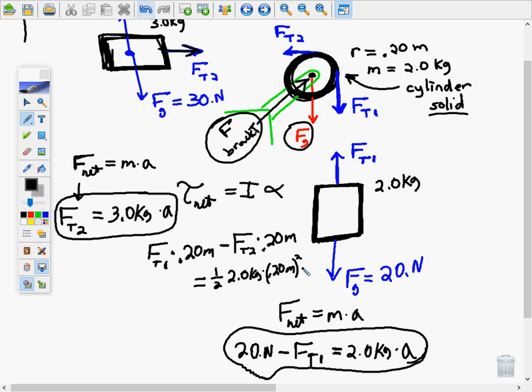Mohammed? What's the third version? There's s equals theta r, and then there's v_t equals omega r, and then there's a equals alpha r. So if you solve that for alpha, what is it going to be? Bravo, Mohammed. A over r. And what is r? 0.2. Bravo.